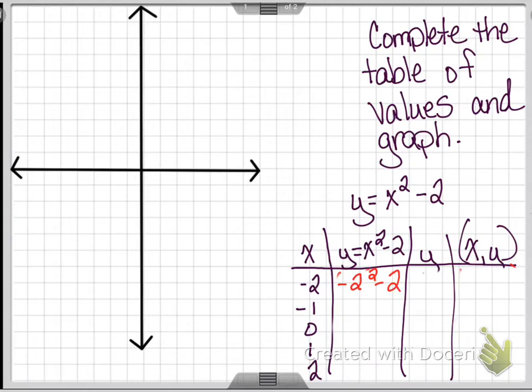It would give me -4. Because I have not told my calculator to square the negative and the 2. If I put it in my calculator like what looks like this right here, I have only told my calculator to square the 2.